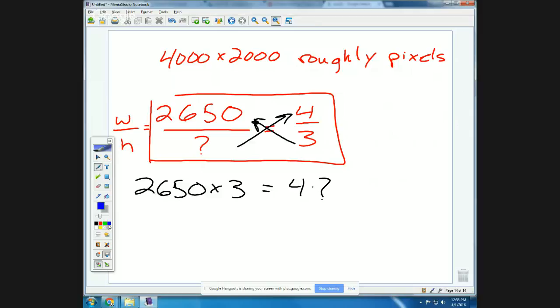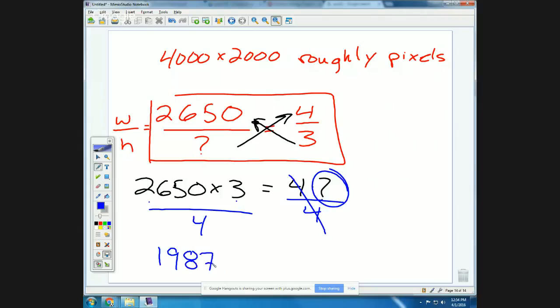To finish that off, remember we cross multiply and then divide? That cancels the 4 out because the number divided by itself is 1. So my missing number is whatever 3/4 of 2650 is. And I believe it's 1,987.5, is that right? Is what I calculated there.